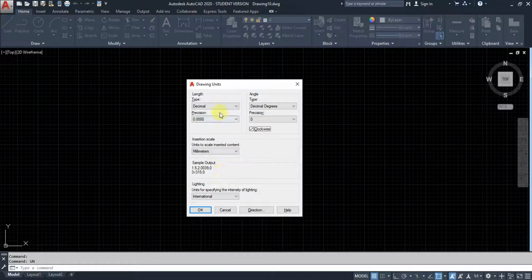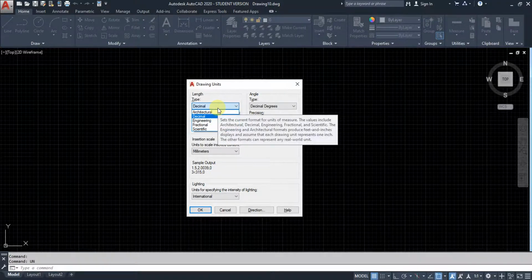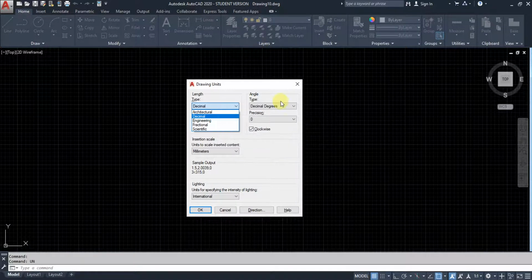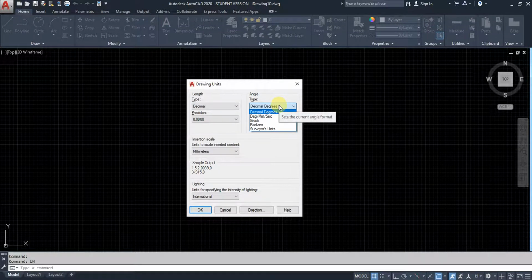simply. For example, we are going to specify the units in length only, because we generally use angle in decimals only, not in radian or gradient, even though there are five types of angle units: decimal degrees, degrees minutes seconds, gradient, radian, and survey units.